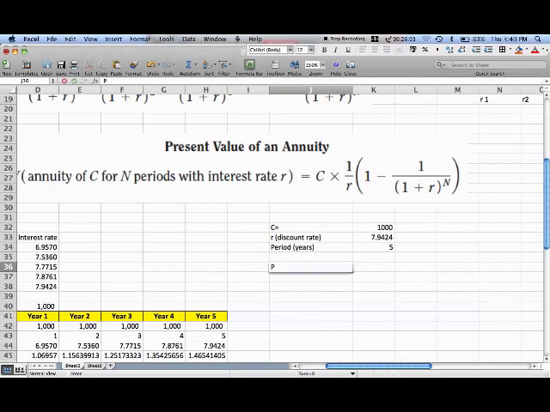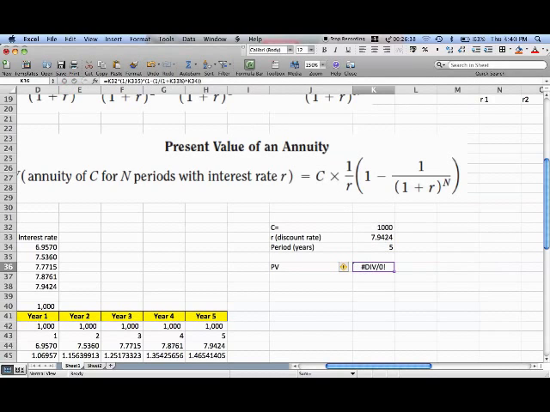Okay, the PV will be C times 1 divided by the discount rate times 1 minus 1 divided by 1 plus the discount rate to the power of 5 years.